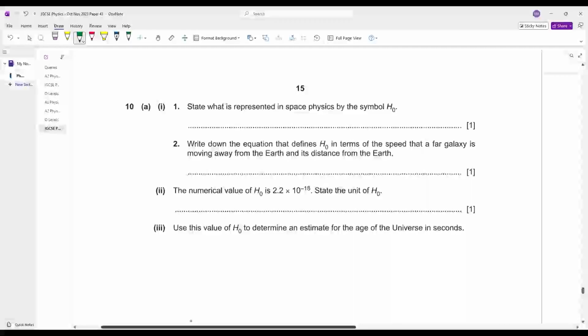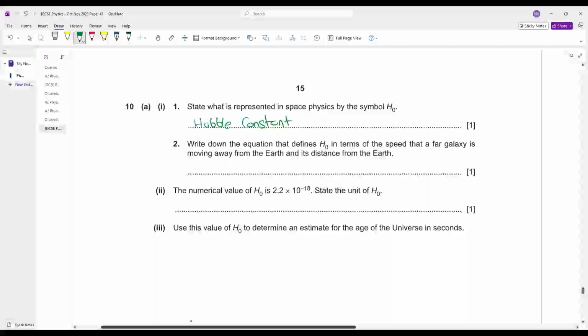State what is represented in space physics by the symbol h naught, Hubble's constant. Write down the equation that gives h naught in terms of the speed that a far galaxy is moving away from the earth and its distance from the earth.